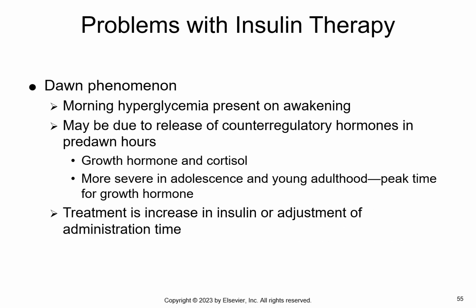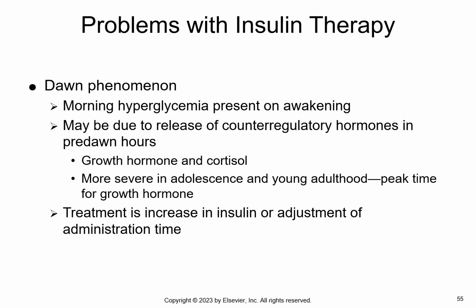The dawn phenomenon is also characterized by hyperglycemia that is present on awakening. Two counter-regulatory hormones, growth hormone and cortisol, which are excreted in increased amounts in the early morning hours, may be the cause of this phenomenon. The dawn phenomenon affects many people with diabetes mellitus. It tends to be most severe when growth hormone is at its peak in adolescence and young adulthood.